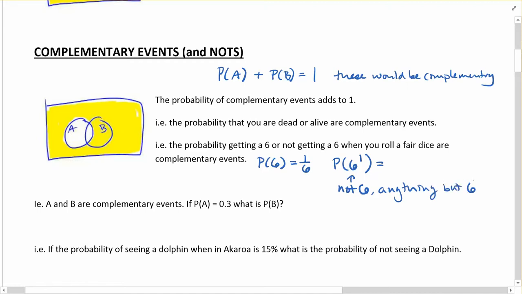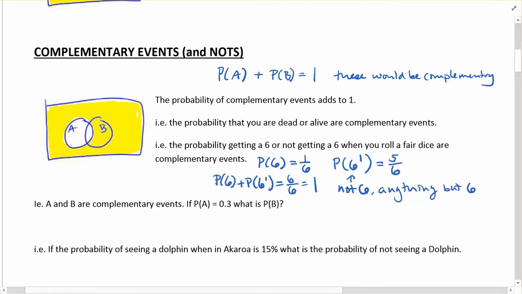And the probability of that happening: you could get a 1 or a 2 or a 3 or a 4 or a 5. That's 5 out of the 6 options. And you'll notice here that the probability of 6 plus the probability of not 6, 1/6 plus 5/6, adds up to 6 over 6, which is equal to 1. So they are complementary events.